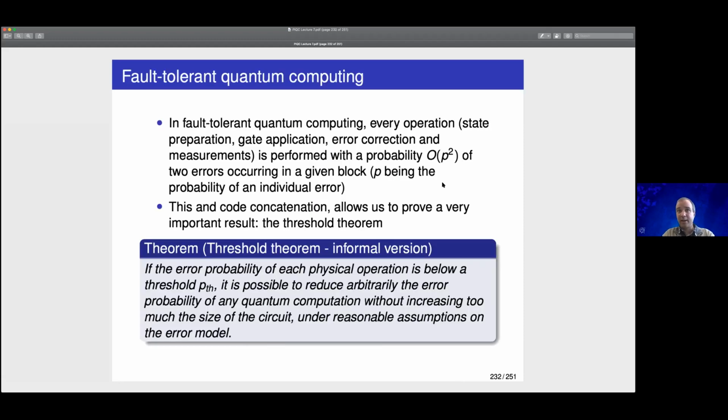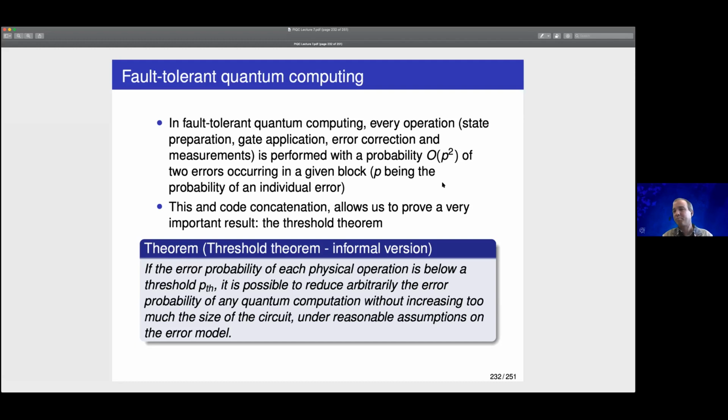All this is studied in order to obtain what we call fault-tolerant quantum computing. This is also a topic that would deserve a complete lecture, but just let me mention that the idea is similar to the things that I was telling you before, that we give a model of the errors. We suppose, for instance, that the errors occur with a certain probability and they are independent and not more than one error occurs at a given time.